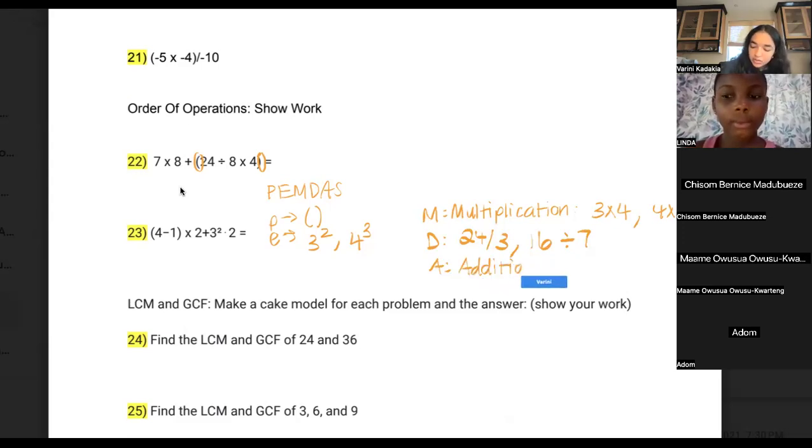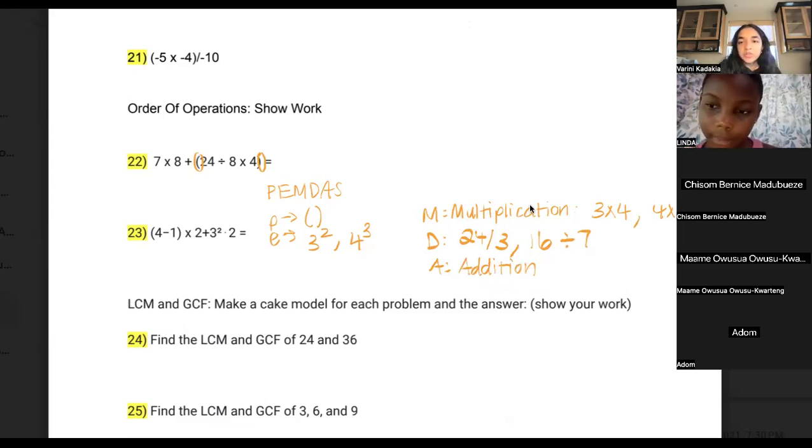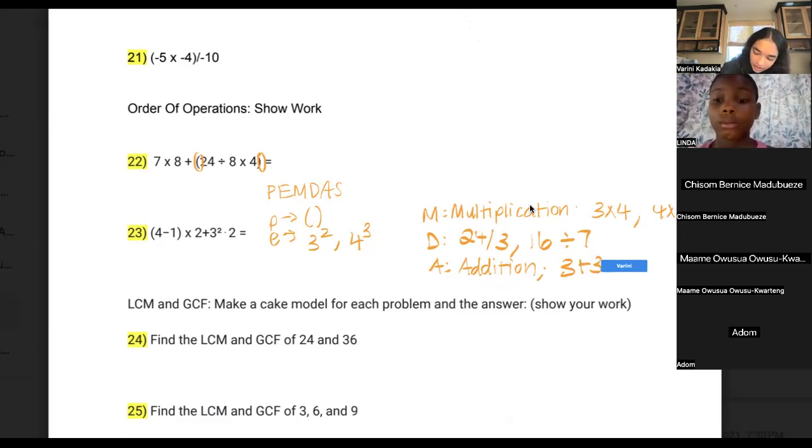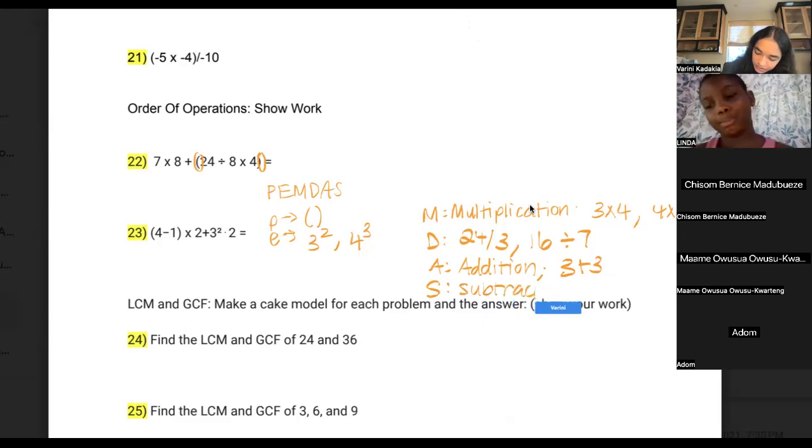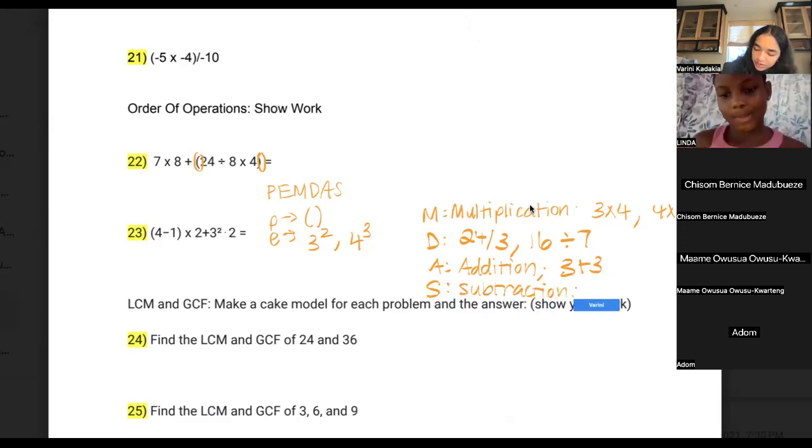What does M mean? M stands for multiplication, so like 3 times 4 and 4 times 8. Back to A, addition, like 3 plus 3. And lastly, S stands for subtraction, like 7 minus 4.